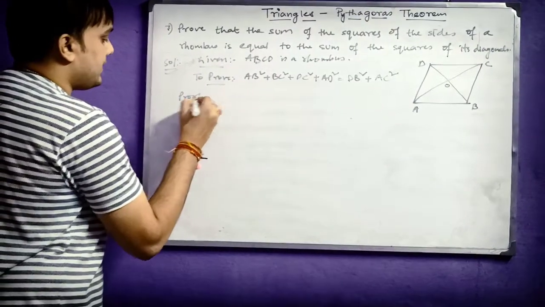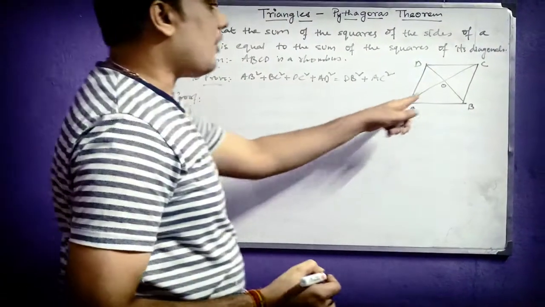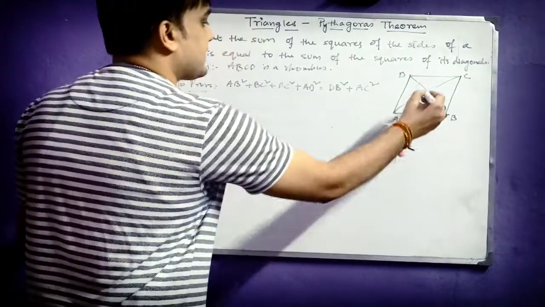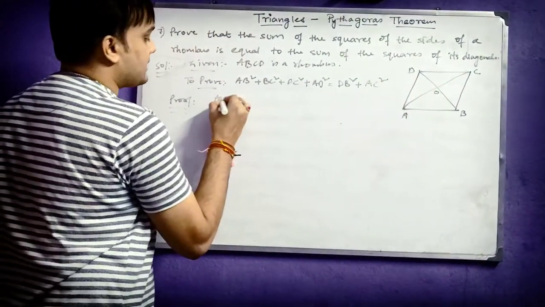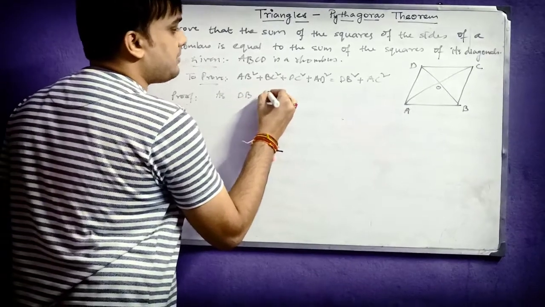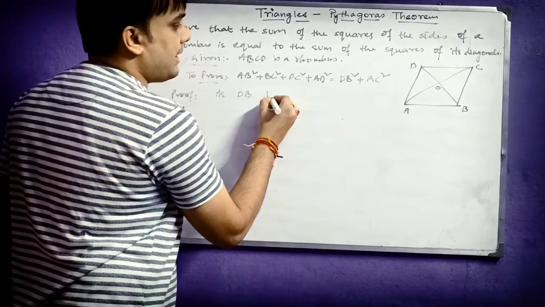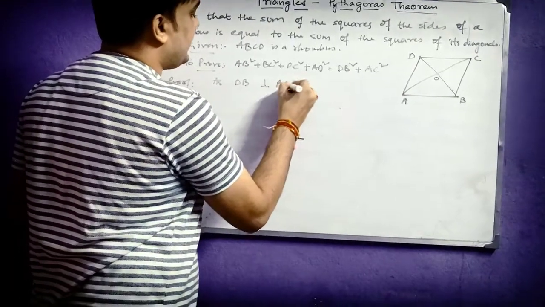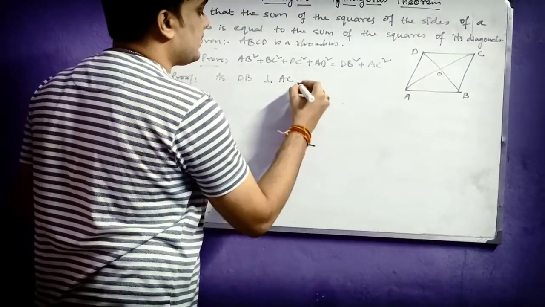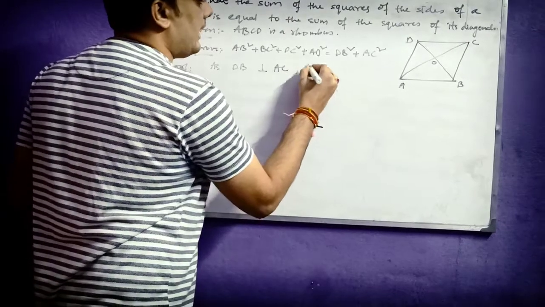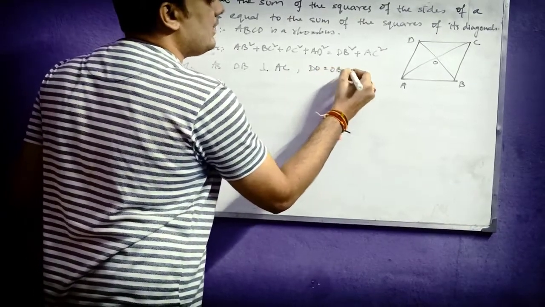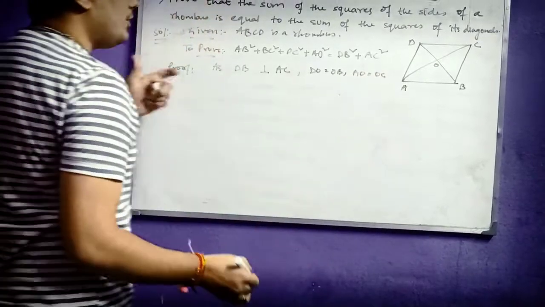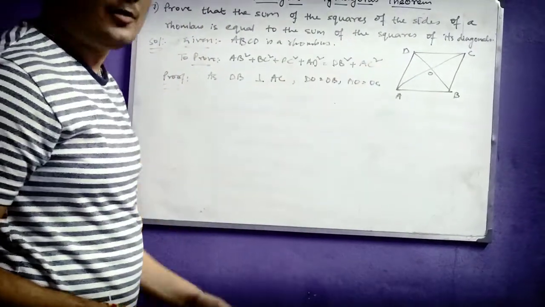This is very easy. As we know, in a rhombus the diagonals perpendicularly bisect each other. So we can say that DB is the perpendicular bisector of AC. DB is perpendicular to AC, and DO equals OB and AO equals OC. These things are known to us by the properties of a rhombus.